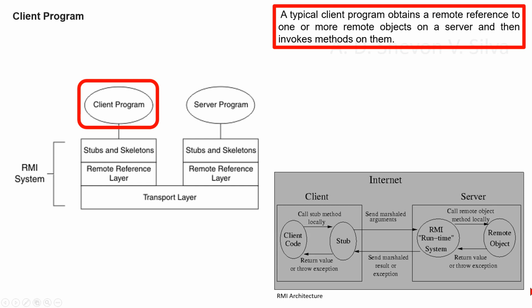RMI is an implementation of the distributed object programming model comparable with CORBA, but simpler and specialized to the Java language.